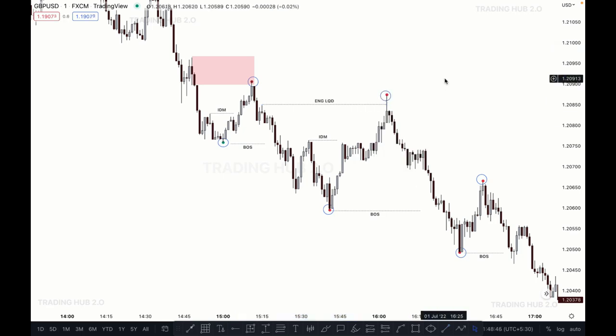So how can we identify whether the market took the engineering liquidity or the inducement? Sometimes the market takes inducement and then drops, sometimes engineering liquidity and then drops.